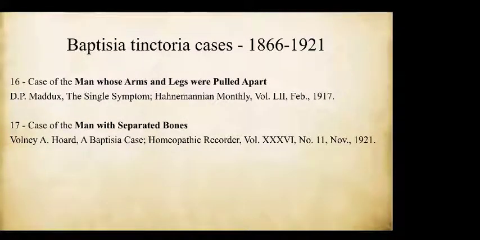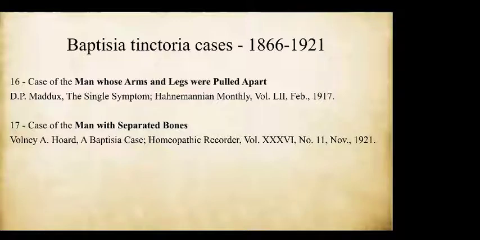Then we are almost at the bottom. You see, the last case we could find in the homeopathic recorder of 1921 is a case of a man with separated bones. And above that, you see the man whose arms and legs were pulled apart.